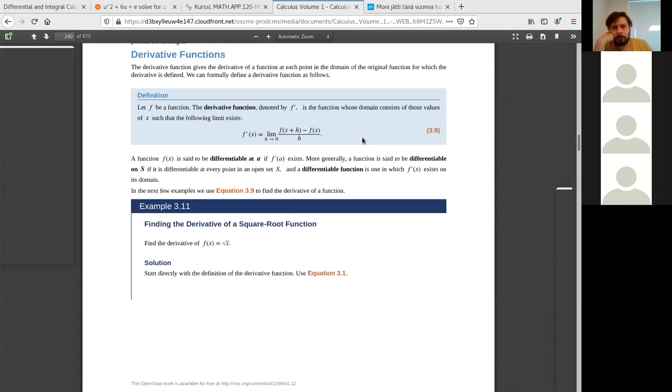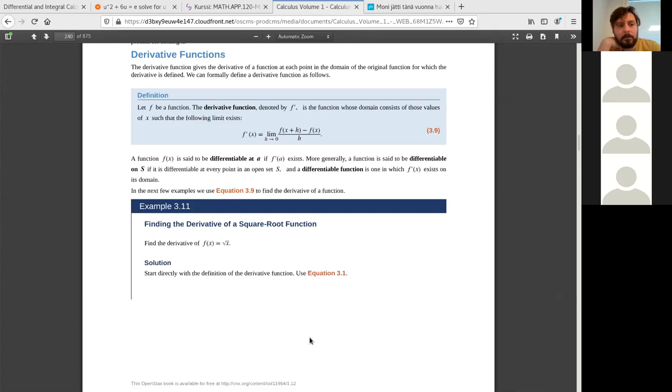And we say that this function f of x is differentiable at point a if f prime of a, that's the direct limit here, like in our example, exists. If it exists, then that's fine.